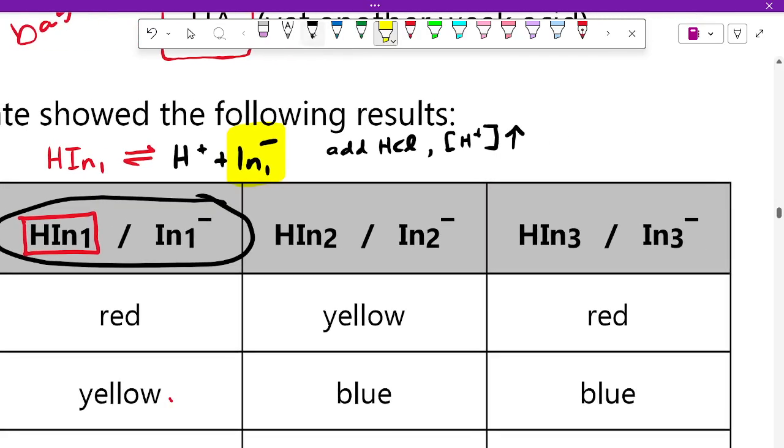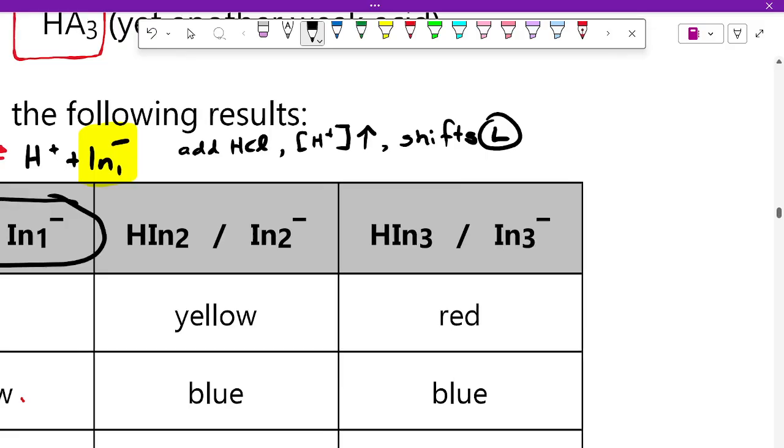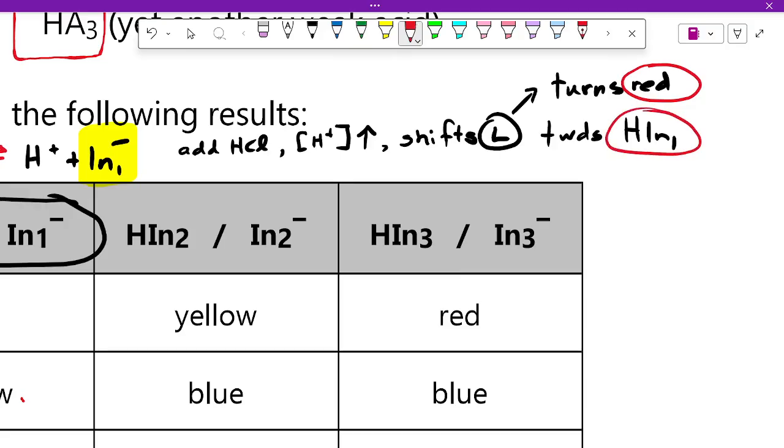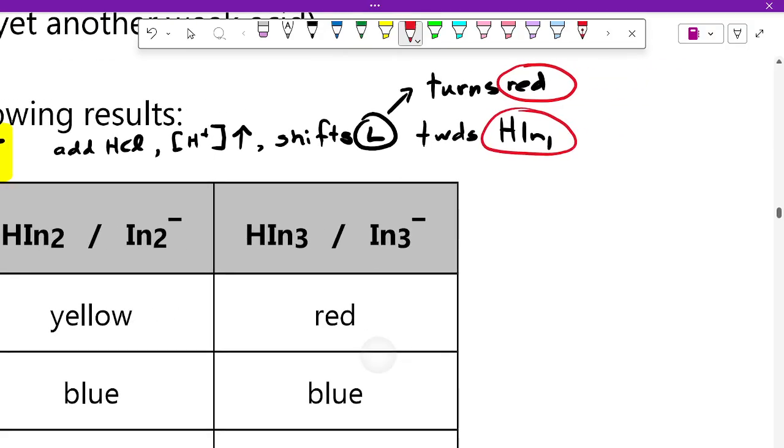It shifts left, towards HIn1. Therefore, HIn1 is red. I'll use red for acid.